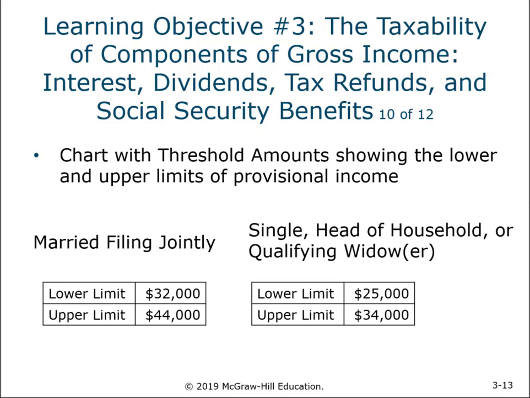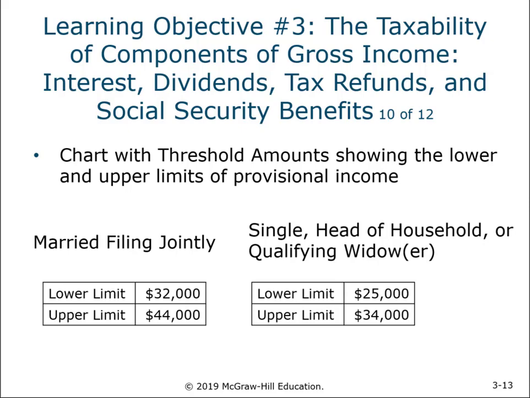Once you hit 44, that's $12,000 over, you're looking at 85% of the amount over that as your minimum. So if your income is 70 or $80,000, it's just 85%. If your provisional income is below 32,000, zero.